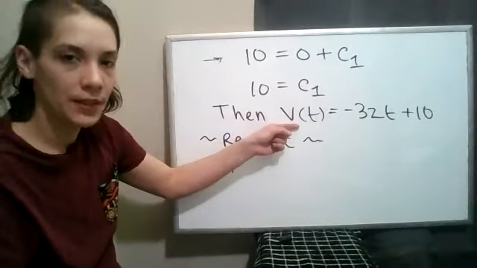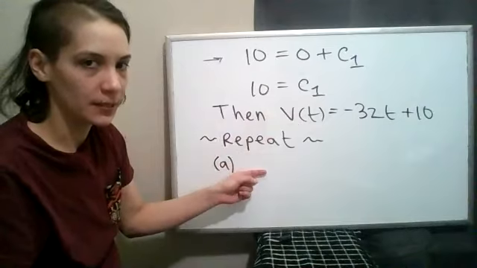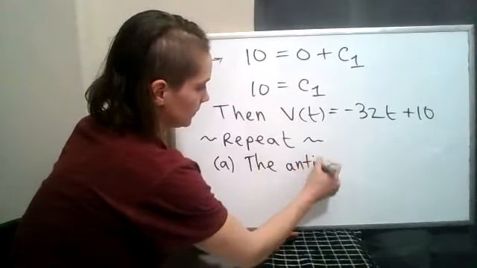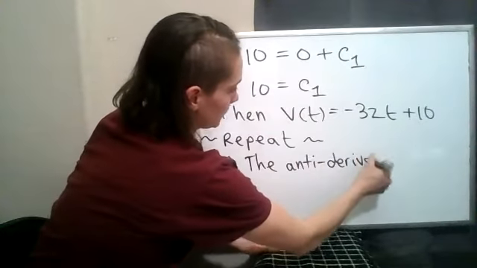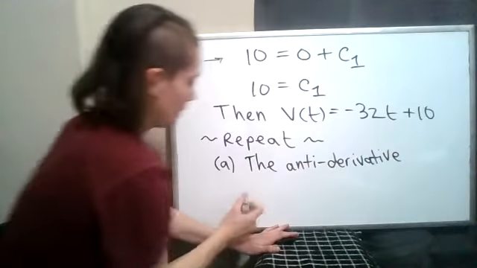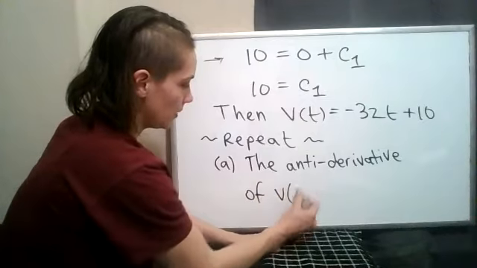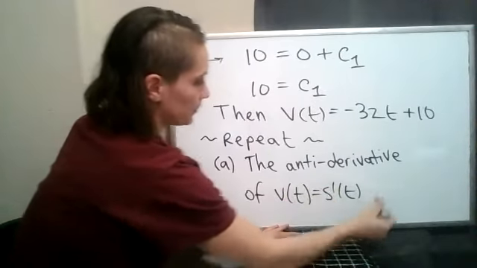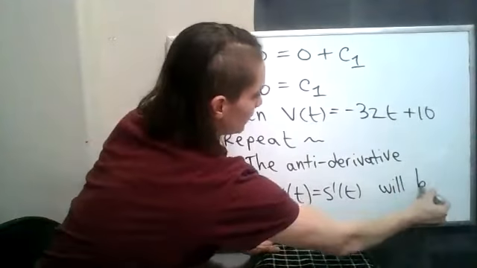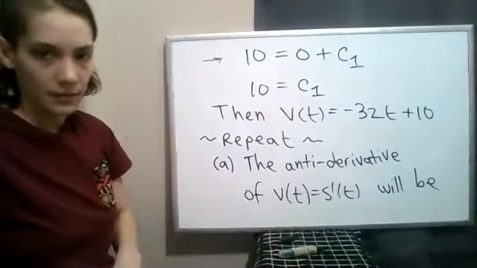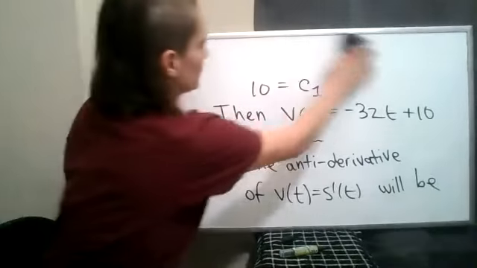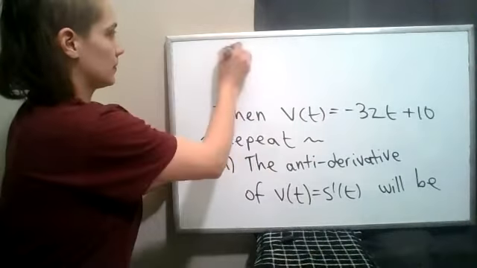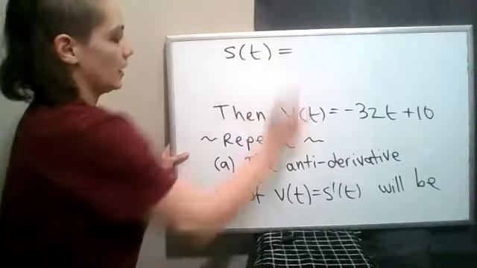Okay, the antiderivative of v of t, which remember is s prime of t, will be s of t. Okay, and we're going to figure that out.